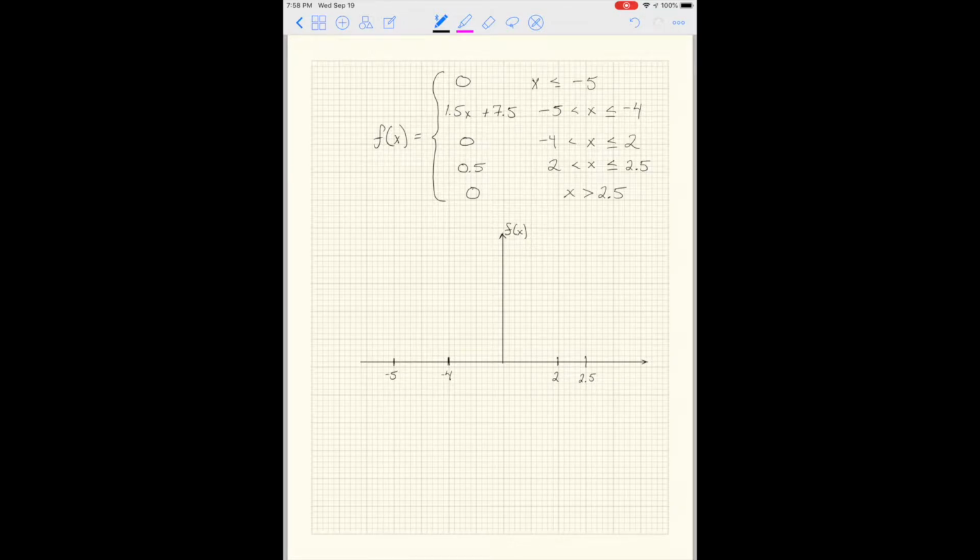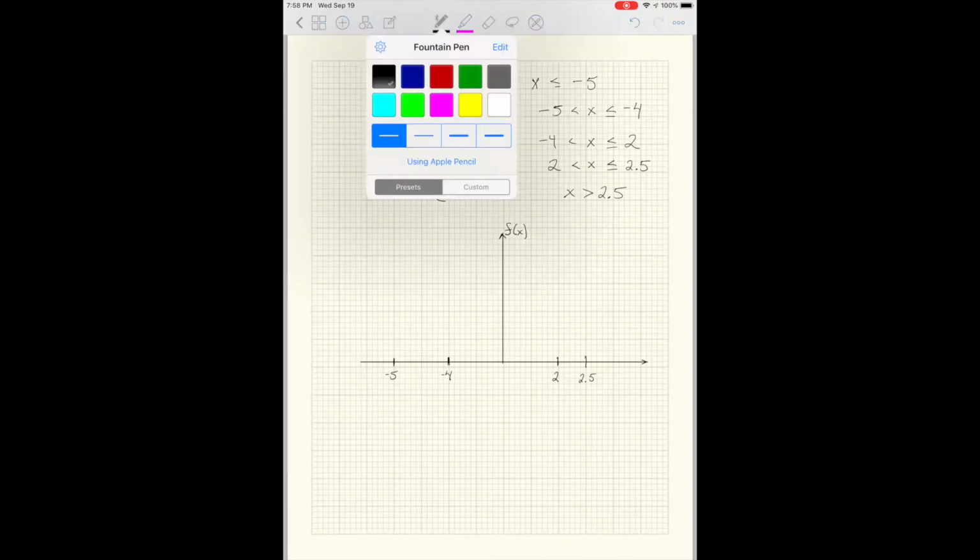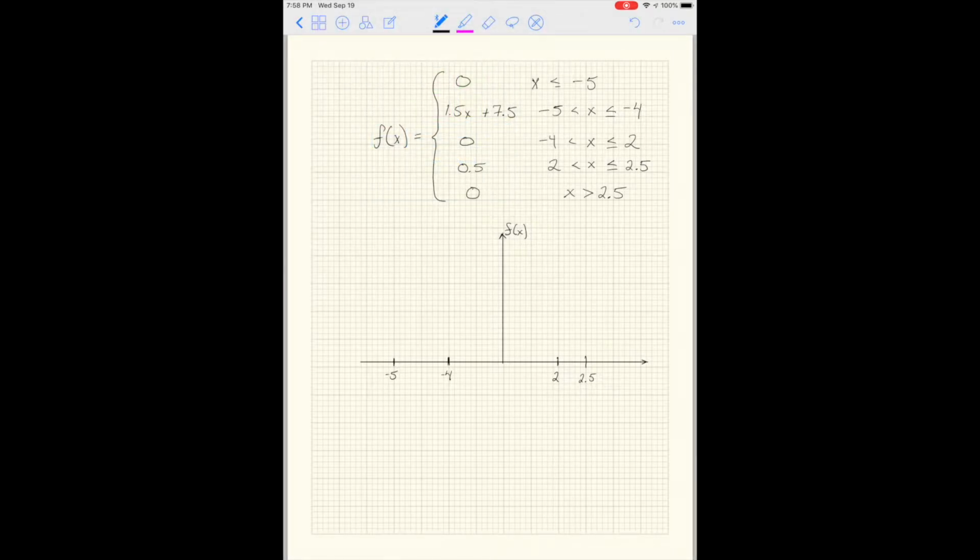So then we can see what each one of these regions looks like. Well, we know it's 0 for anything before -5. So maybe I'll just draw that a little thicker. So we're going to be 0 out here, all the way up to -5. And then what happens at -5?